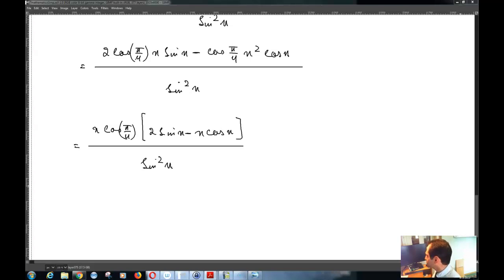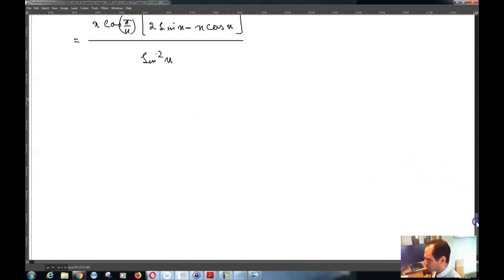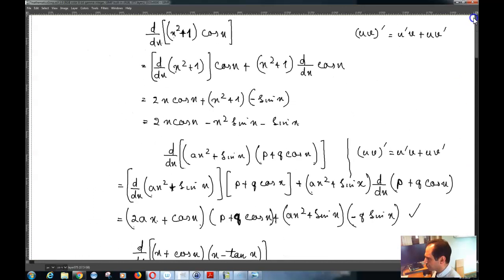Number 28 is d by dx of x divided by 1 plus tan x.